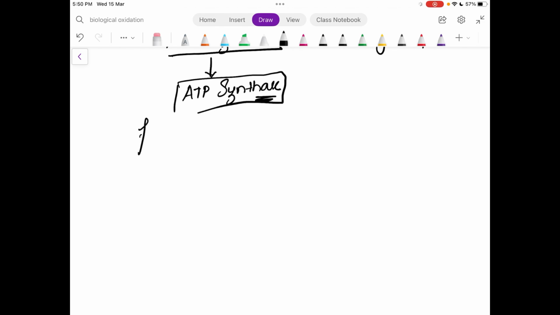A scientist called Peter Mitchell proposed a theory called the chemiosmotic theory or hypothesis.